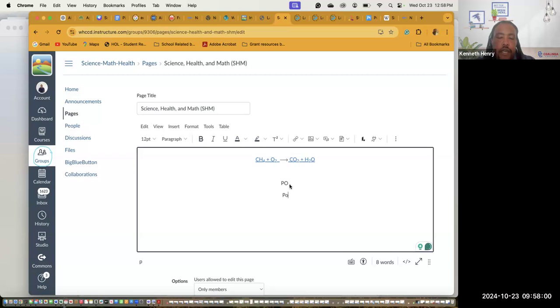The name for this compound, PO, is phosphorus monoxide. Now, phosphorus monoxide is a toxin. It's very unstable. It's not happy the way it is, so it's going to want to react almost instantly. It's kind of like a poison. It'd be a poison to us. Now, polonium is a metal.